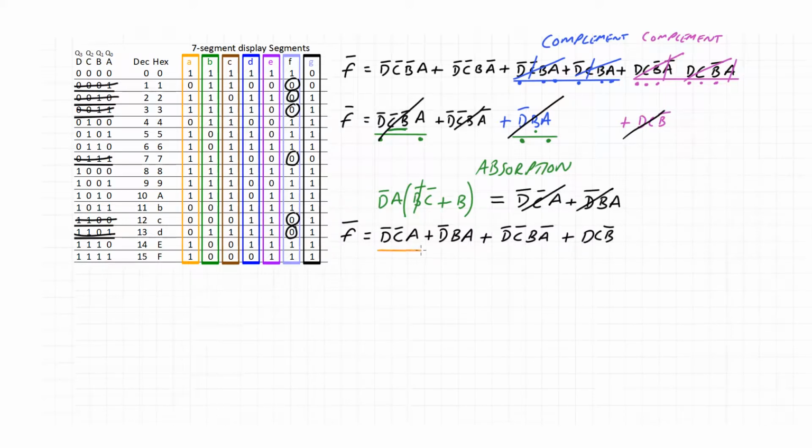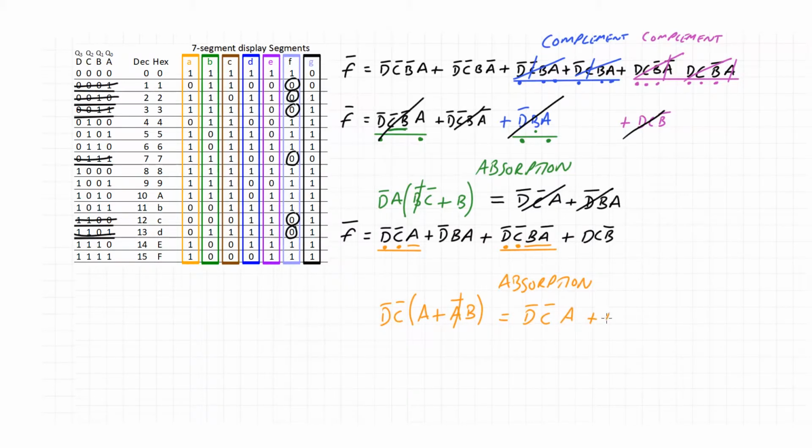But there's more that we can do. The first and third terms now have common factors of not D and not C. We've got A or not A, B, and that is the absorption law again. So we've got not D, not C into literally A or not A, B, which is the way that we learn the absorption law. So the not A is the imposter, so we get rid of the not A and then multiply out again.